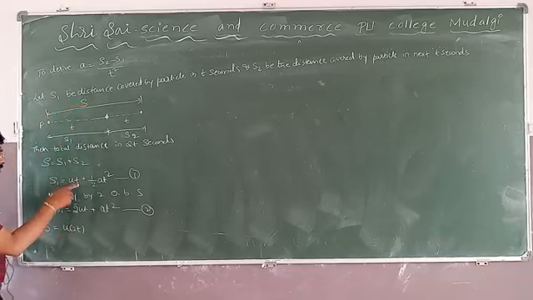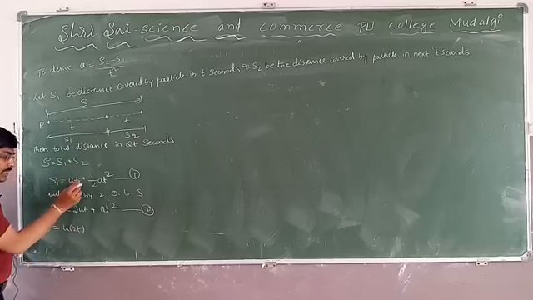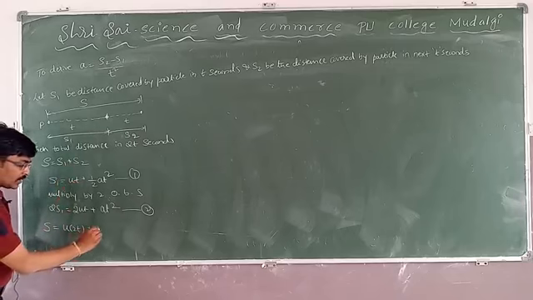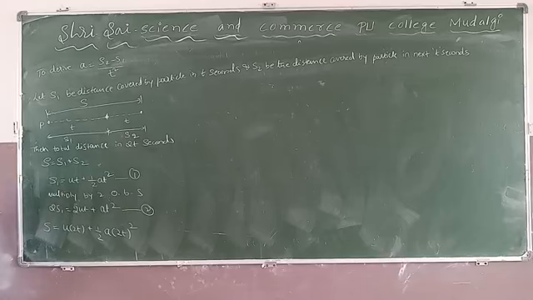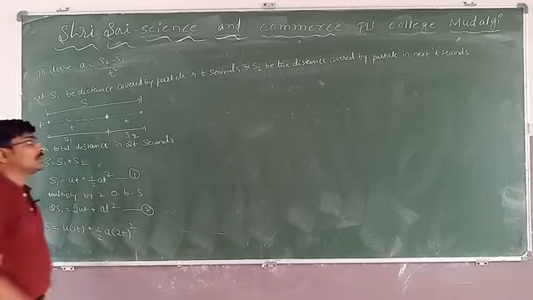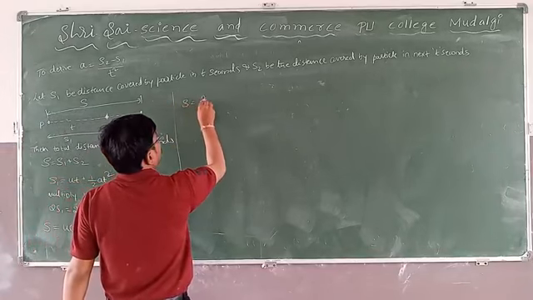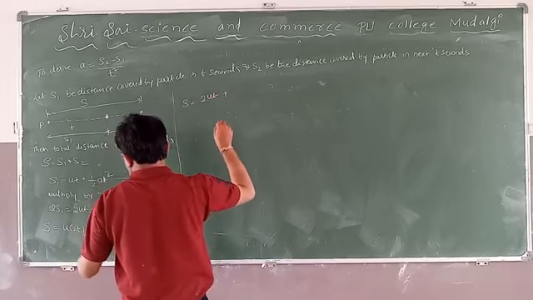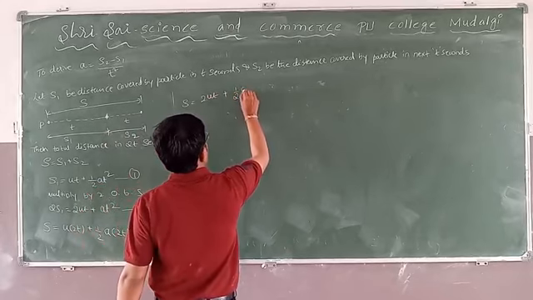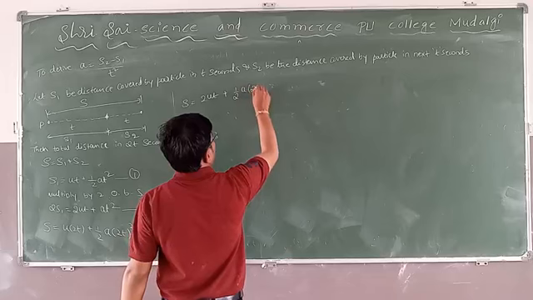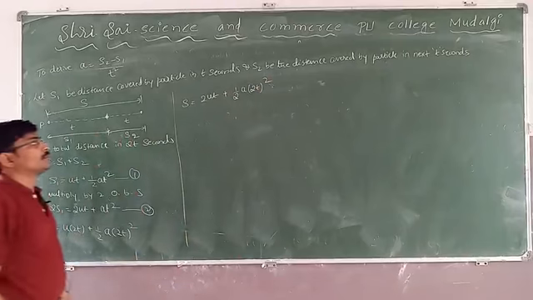In place of t, I write 2t, because the time taken to cover the distance s is 2t. So s is equal to 2ut plus 1/2 a into 2t whole square, as it is. This is your s.